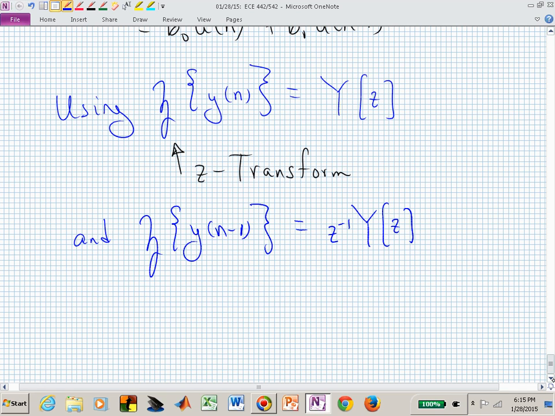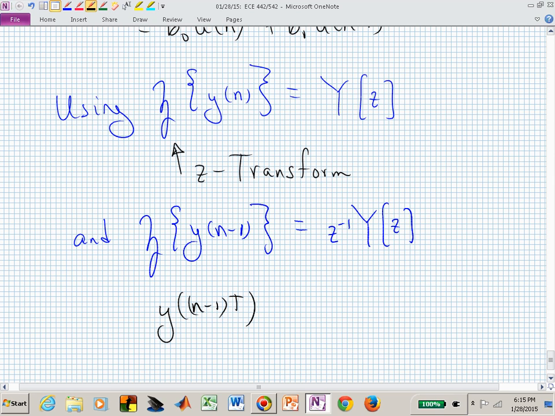Now, you might realize that depending on my mood, I might write y of little n minus 1, or I might write y of n minus 1 capital T. It's the same. In the top one, I'm suppressing the sample period.